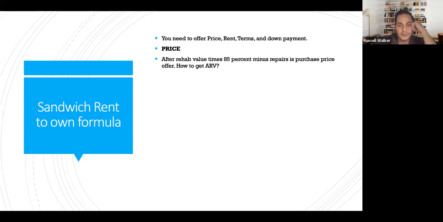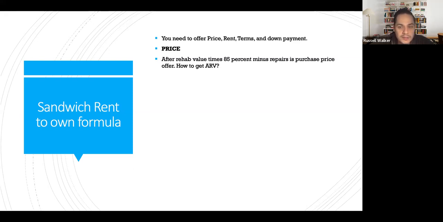Okay, so last week we went in deep detail about after rehab value. Today we're going to talk a little bit about that, but that number that you used to get your wholesale cash offer, we're going to get that same after rehab value and use it in our sandwich rent to own offer. So instead of taking 70% off ARV or 75% off of ARV, in sandwich rent to own we can offer a little higher.